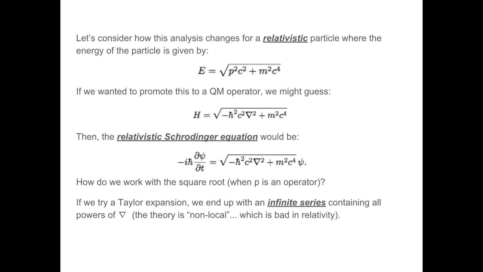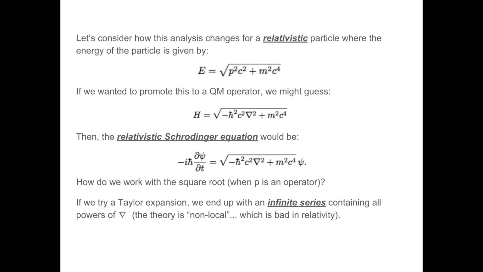So what you end up with is first order in time on the left-hand side, and on the right-hand side you end up with spatial dependence that starts at quadratic, space squared. It actually starts at a constant, but that constant doesn't do anything. Then the spatial dependence starts at squared and goes all the way up, so it includes all powers of del.